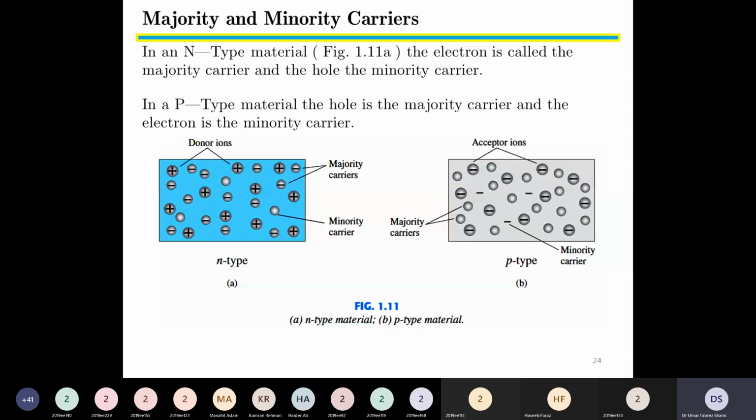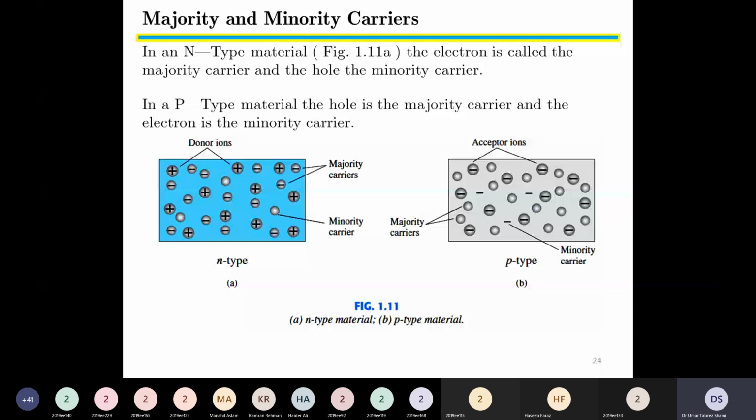In the n-type material, the electron is the majority carrier because the n-type material has an excess of available electrons, and the holes are in very small amount, and they are called minority carriers. Whereas in p-type material, the hole is the majority. Therefore, the hole is called the majority carrier, and the electron is the minority. Electrons are few in number, therefore they are called the minority.